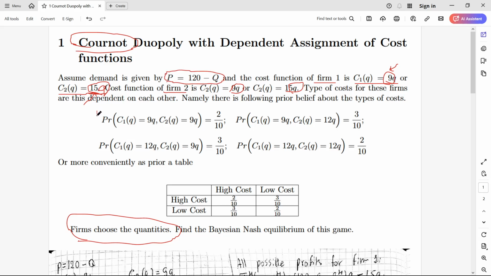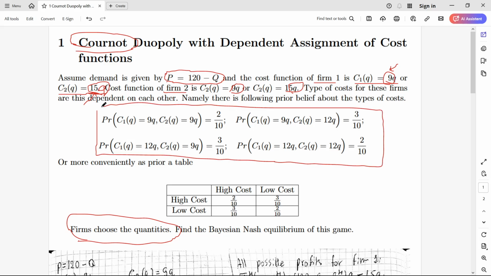And one additional detail is the probabilities. So here it says that the type of costs for these firms are dependent on each other. So basically, the probability of two low types occurring together is 2/10, but the probability of one low type and one high type occurring is 3/10.